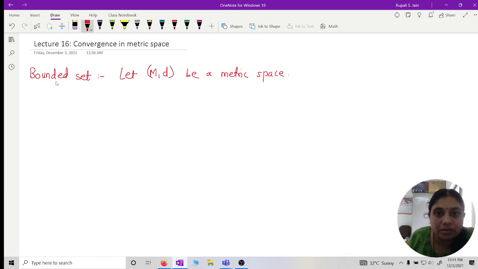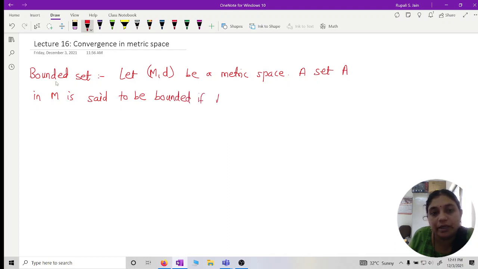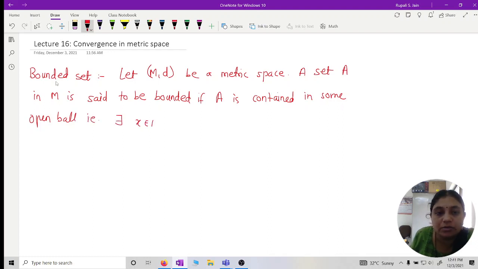So now, instead of the particular R, we will have a general metric space and define a bounded set. A subset, a set A in M is said to be bounded if A is contained in some open ball, that is, there exists x belongs to M and r greater than 0 such that A is contained in Br at x, some open ball, right?